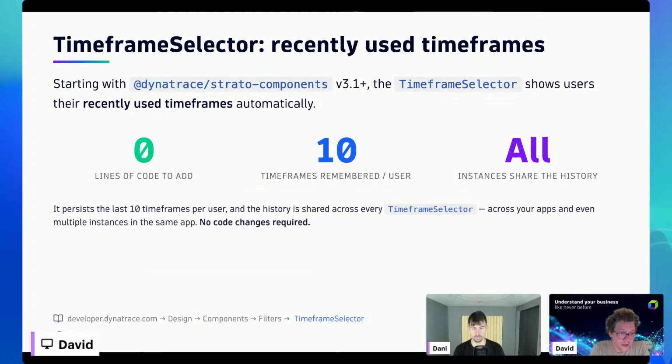If you're upgraded to 3.1, they will have that in the most recently used timeframes and can very smoothly continue their exploration without you having to do really anything about it, just to upgrade. So yeah, pretty nice new user experience improvement.